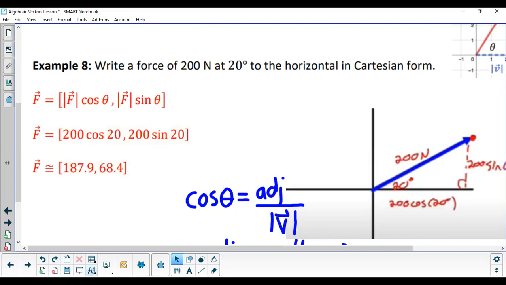That's my horizontal component and my vertical component, and that helps me illustrate the vector in Cartesian form. Now I'm going to use this concept and this formula to define the very last problem in this seminar, which is going to be a more complicated problem, very similar to what we did with force and velocity in the last unit.